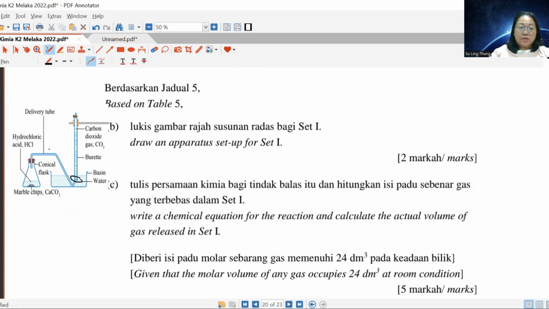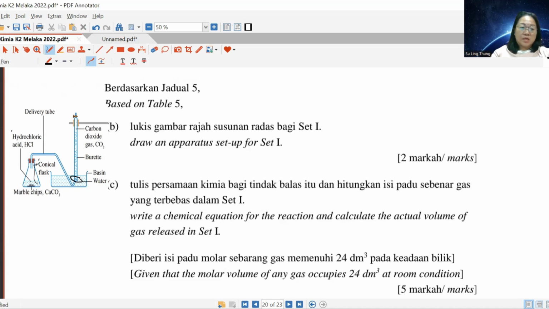Make sure your burette is filled up with water, and it is connected to a conical flask which is closed tightly. Closed tightly meaning the rubber here has to be slightly above the mouth of the conical flask.